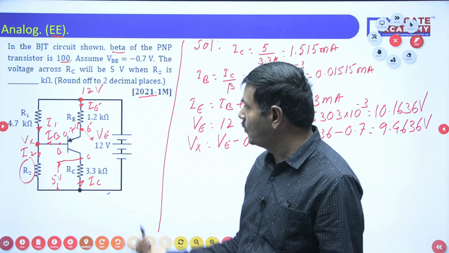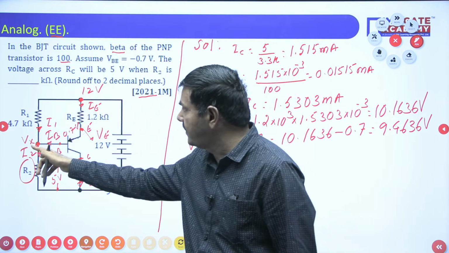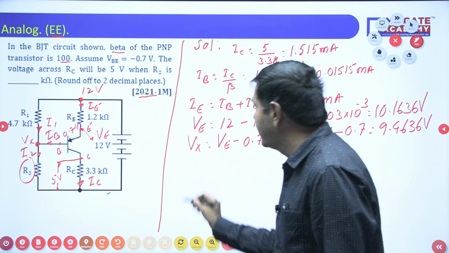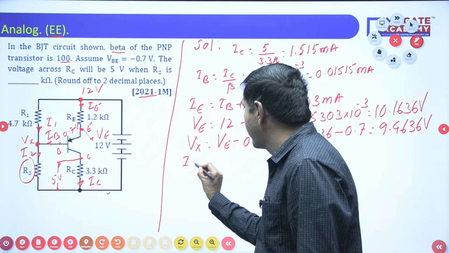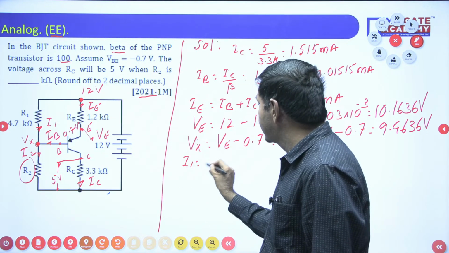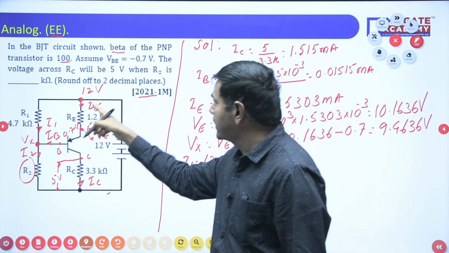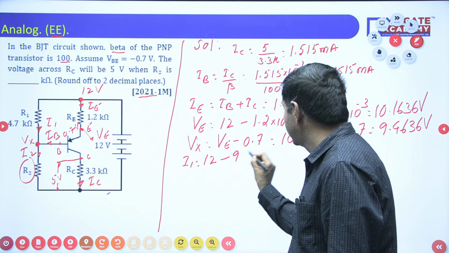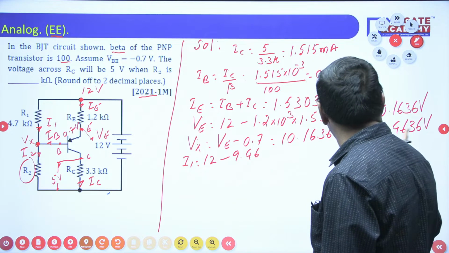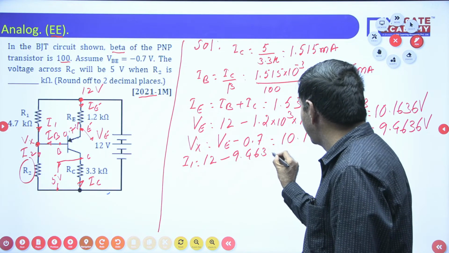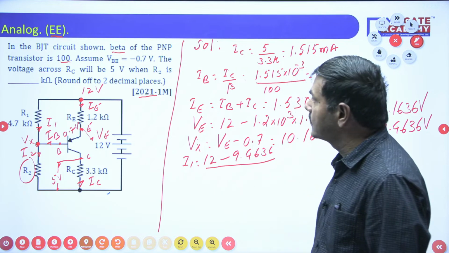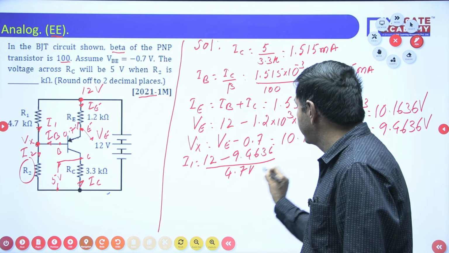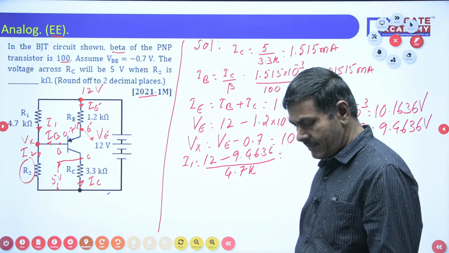By Ohm's law, I1 is 12 minus Vx divided by 4.7k, that is 12 minus 9.4636 divided by 4.7k.